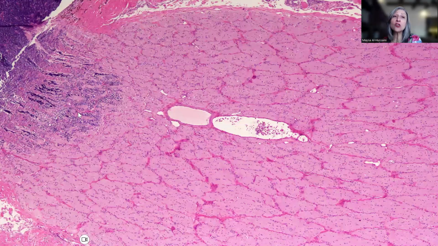Just to highlight again, this is the sclera, this is the optic nerve, and this is the boundary of the lamina cribrosa, and any tumor beyond this boundary is considered to be post-lamina cribrosa invasion, a very important high-risk feature that should always be looked for and assessed whenever we assess a case of retinoblastoma.